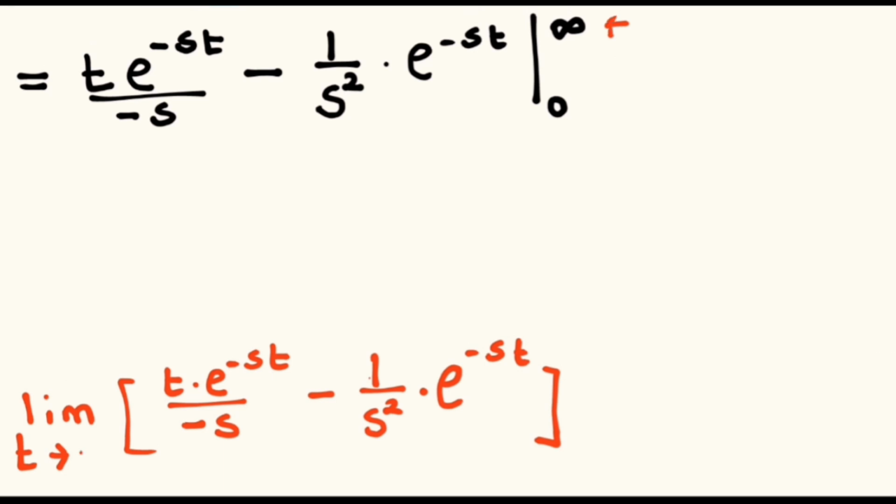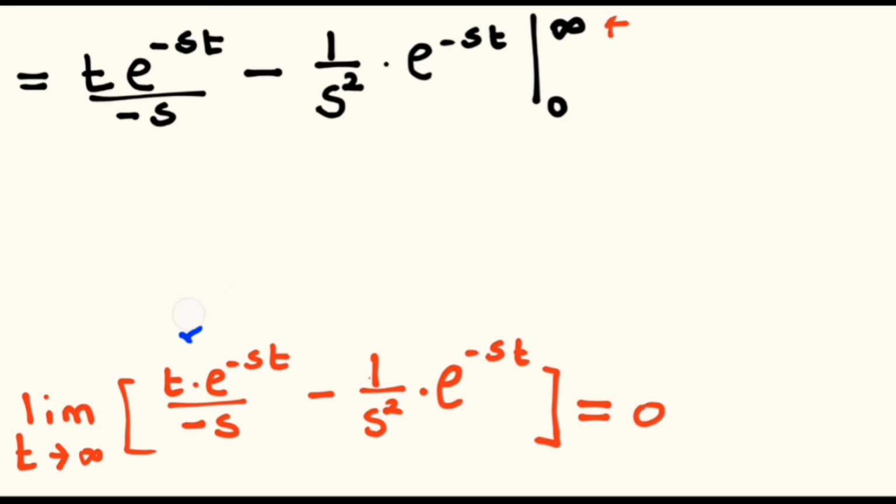In both cases the e raised to the power negative st, we take it from the numerator to the denominator, and the exponent is going to change sign from e raised to the power negative st to e raised to the power st. On the first term, if it's not obvious, we can use L'Hopital's rule to see that the limit will approach 0, and for the second term, if the e raised to the power st is in the denominator, then this will be equal to 0.